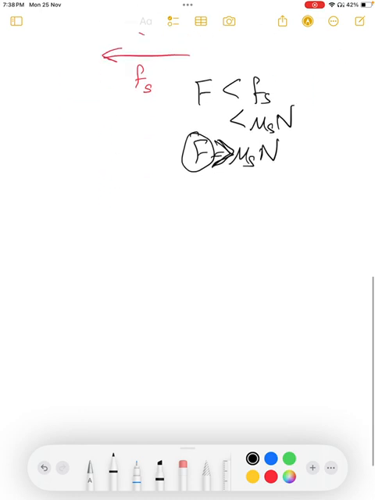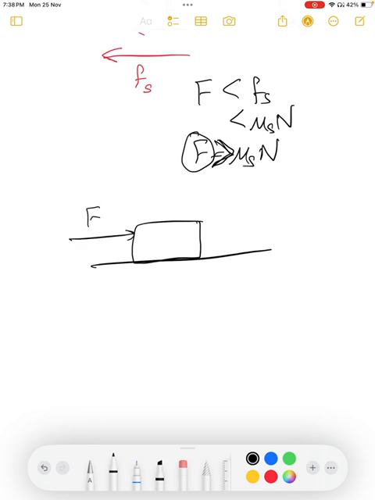Then you can observe the kinetic friction coming into action. So in kinetic friction, just to say in short, the box is in motion by the application of the force capital F. There is a frictional force acting given by mu k n.